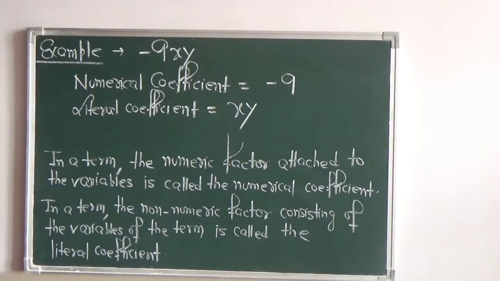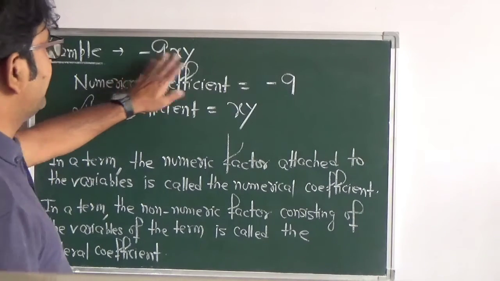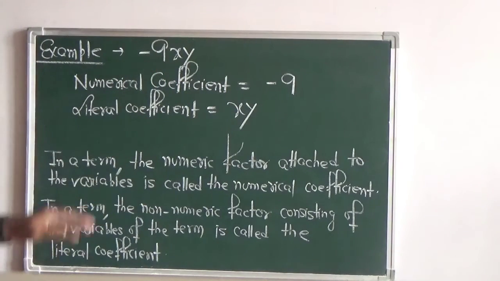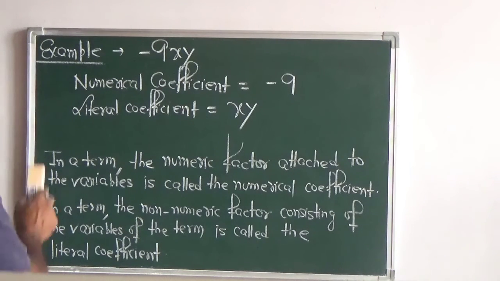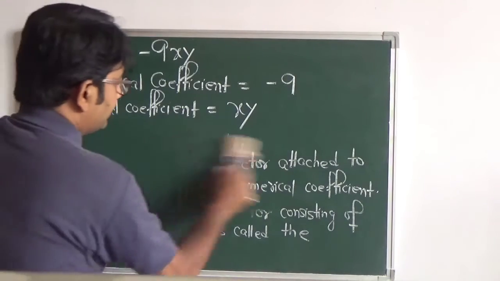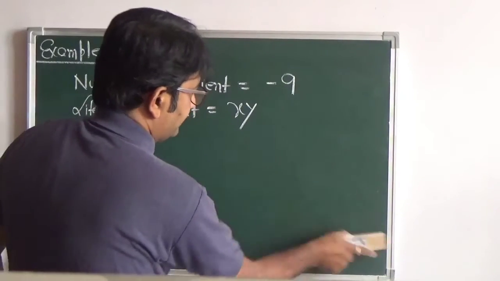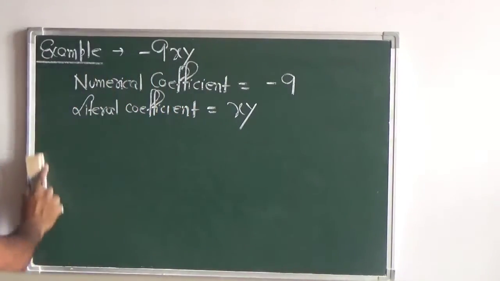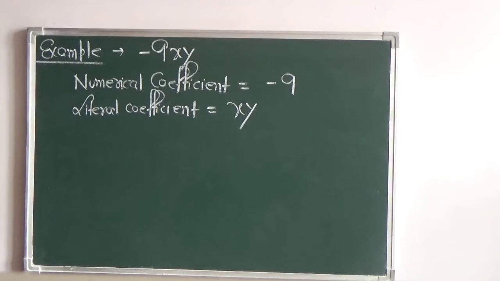So the numerical coefficient in this case is minus 9, and the literal coefficient is given by xy. So the constant factor in a term of an expression is called the numerical coefficient, and the literal factor, this is xy, is called the literal coefficient in this expression.